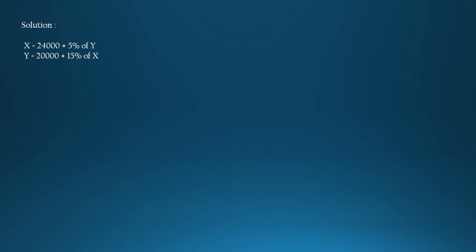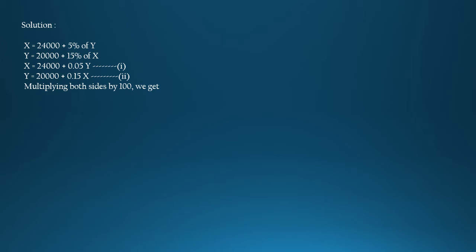So the total overhead of department E will be 20,000 plus 15% of x. Now the first equation is x equals 24,000 plus 0.05y, and the second equation is y equals 20,000 plus 0.15x.